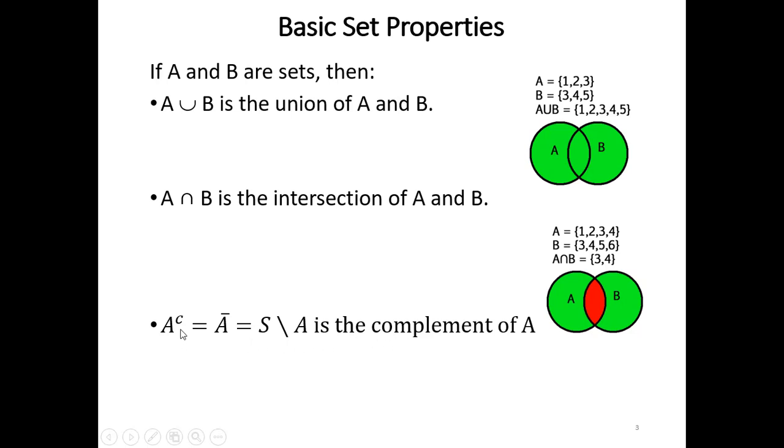In our textbook, it'll be denoted by A with a superscript C. Other times you may see it denoted like this, A with a bar on top. And just as a visual, you could see that if the square is your universal set, then A complement would be this red area, right? Assuming this set in here is A.